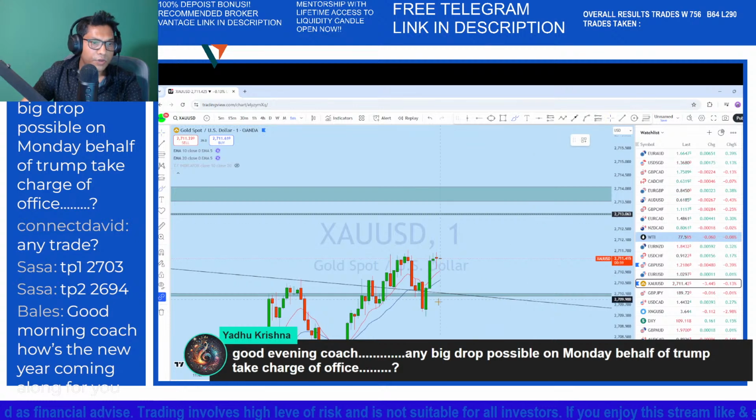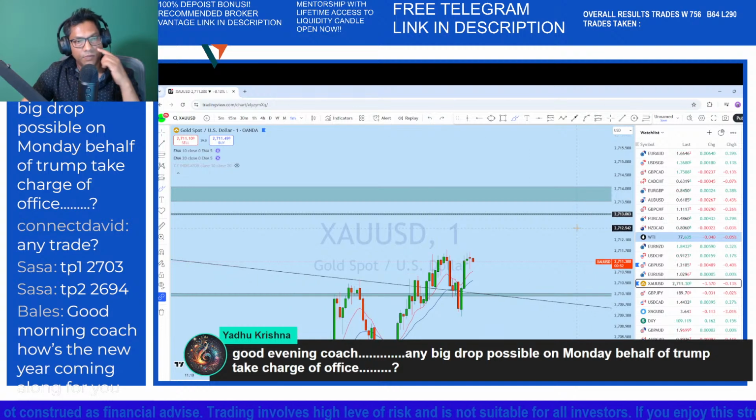So with this move here, a big move, pullback, expecting for the market to trend and then to create a new higher high in that area.